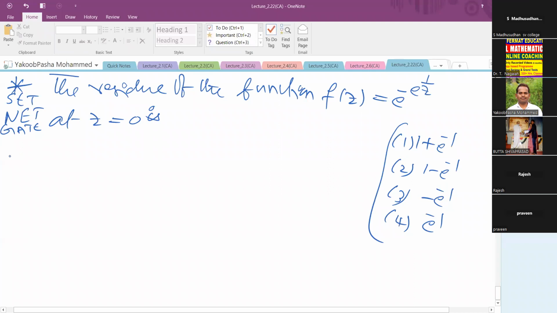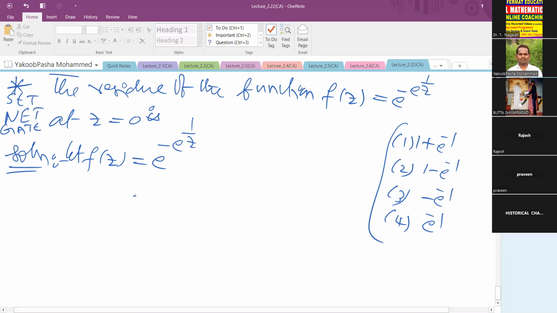So first I'm taking the function f of z is equal to e to the power of minus e to the power of 1 by z. So we can write it as e to the power of minus, we have to expand the function e power z. We know the formula, I'm writing here: e power z is equal to 1 plus z by 1 factorial plus z square by 2 factorial plus z cube by 3 factorial and so on.